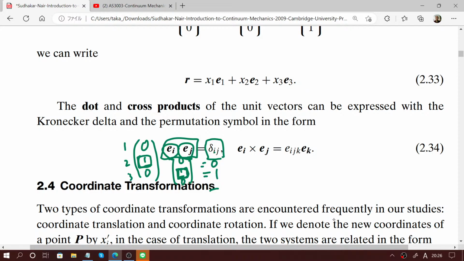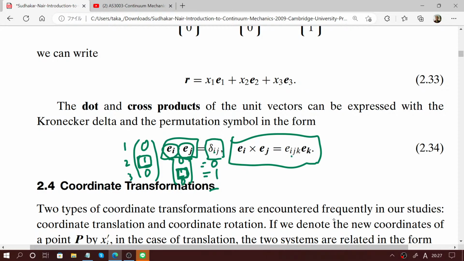And the cross product is more complicated. I usually don't use this notation, but let's see.